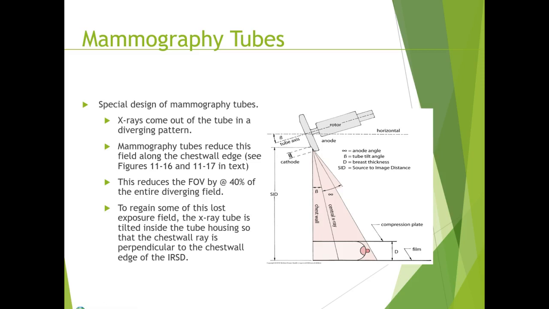I think that this shows real well what happens. And the other thing too is, the most useful part of the X-ray beam is going to be hitting the thickest part of the breast, which is against the chest wall.